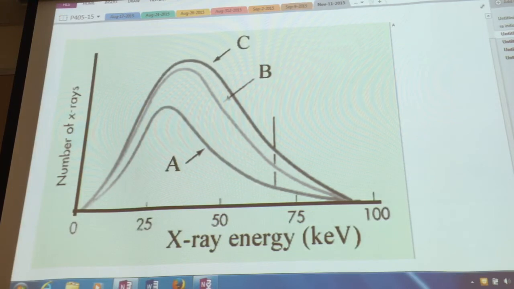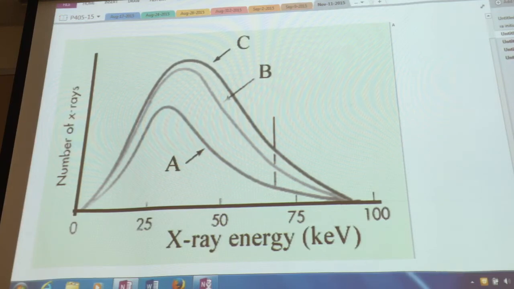So same max energy, same KVP, same max energy. Same target, differing averages. Same binding energy. How are you getting to that? The characteristics, meaning the same target. Good job.